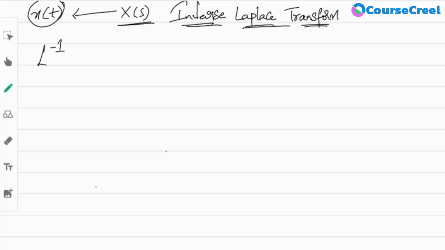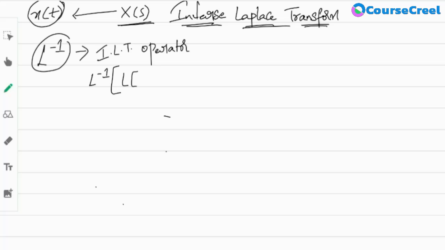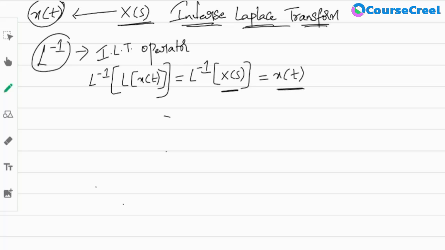So L inverse is the inverse Laplace transform operator. We can say that L inverse of the Laplace transform of x of t, which is L inverse of x of s, equals x of t. That is, from the frequency domain signal we can get back the original time domain signal.